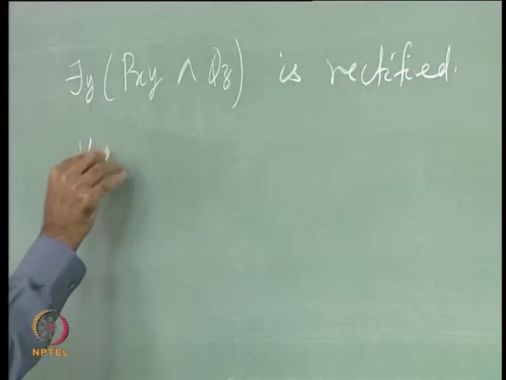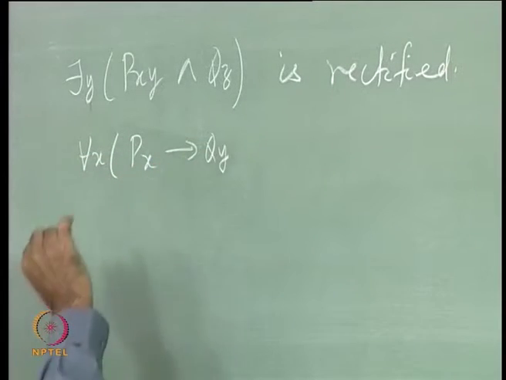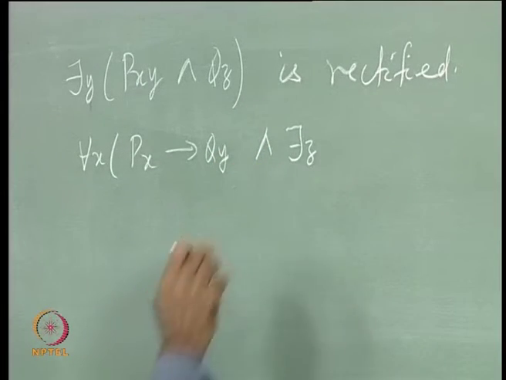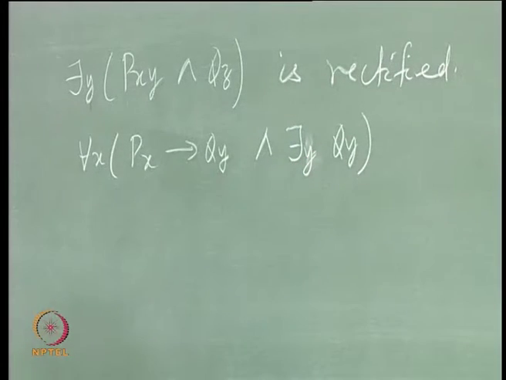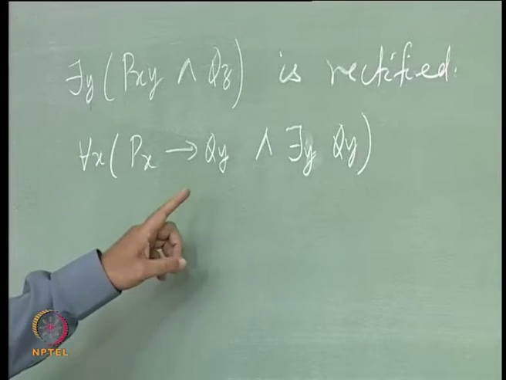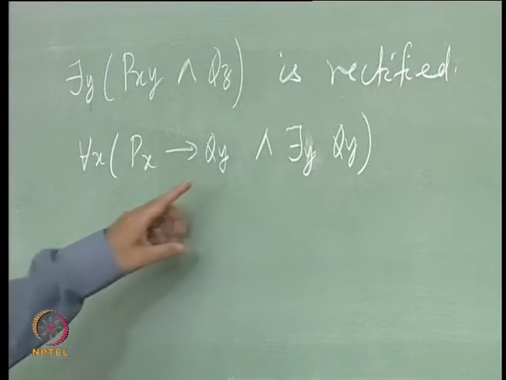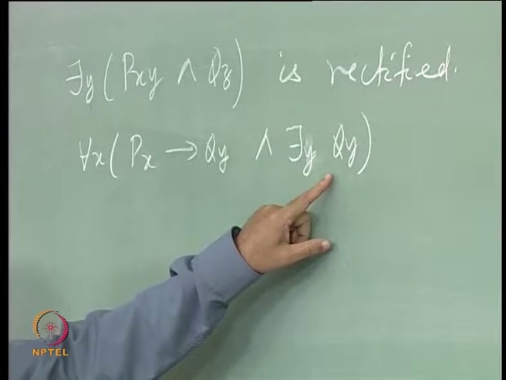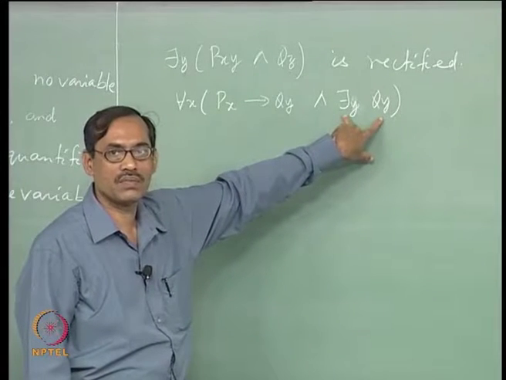Suppose we take another, say for each x, p x implies q y, and there is y q y. Now again there are three variables occurring here, x, y and z. X is a bound variable, it is not free. Y is a free variable here, but y is also a bound variable here, so it needs renaming. So, let us take the subformula where it is bound, which we can rename.